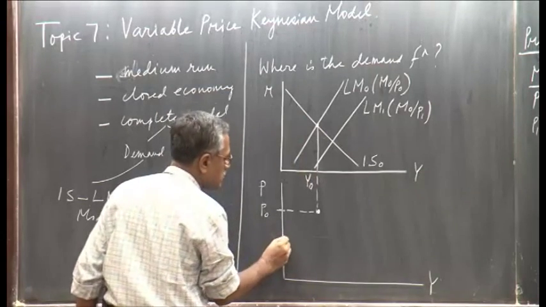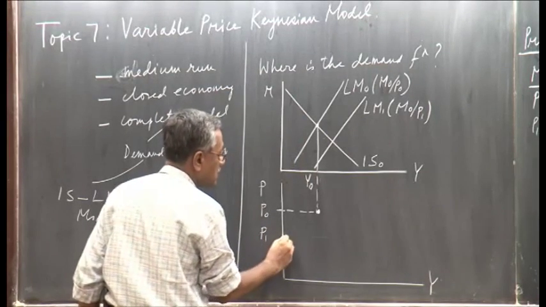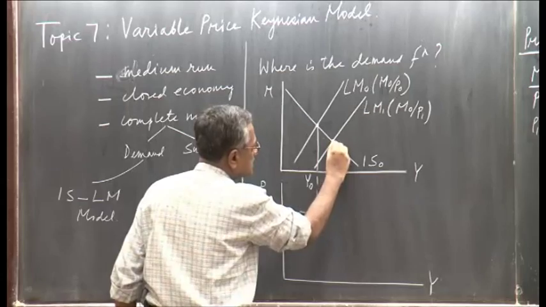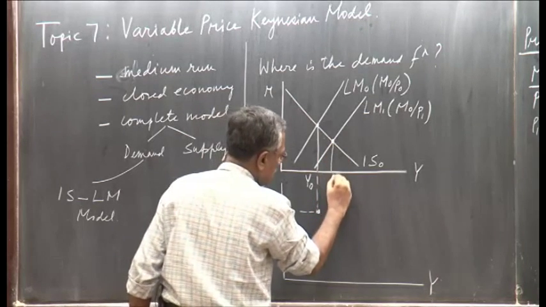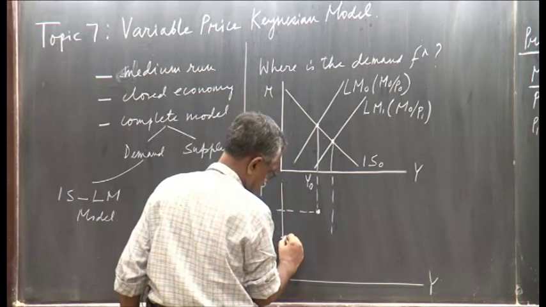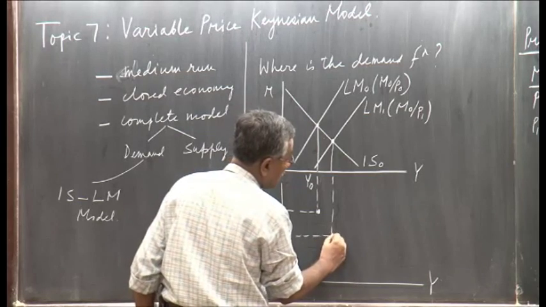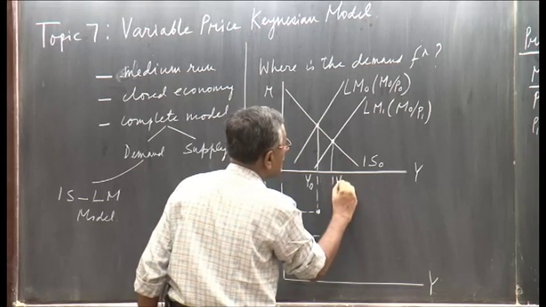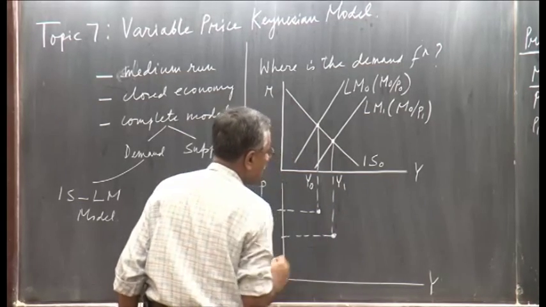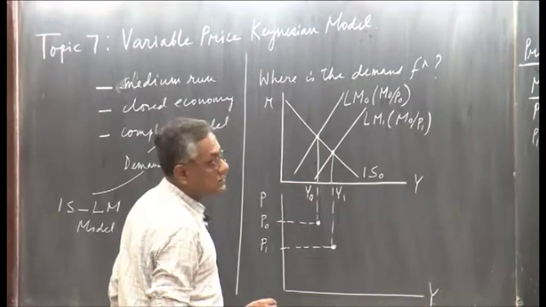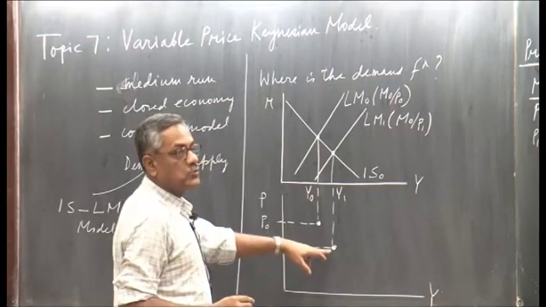Now suppose the price has fallen to P1. So this output level is Y1. So at a lower price, a higher output level.